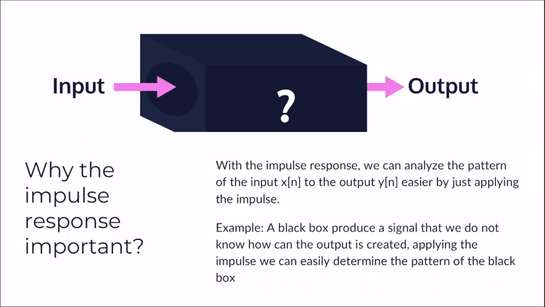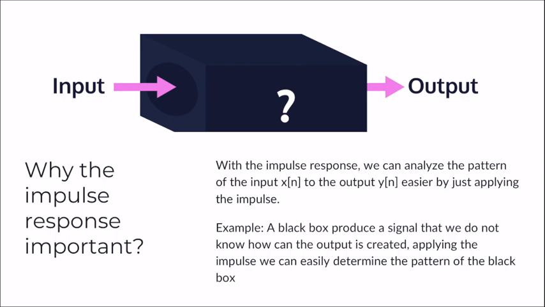And we want to talk about why this impulse response is important in signal processing. The impulse response of a system or signal is usually the output that results from applying a brief input signal, which could be known in other words as an impulse function, to the system or the signal.